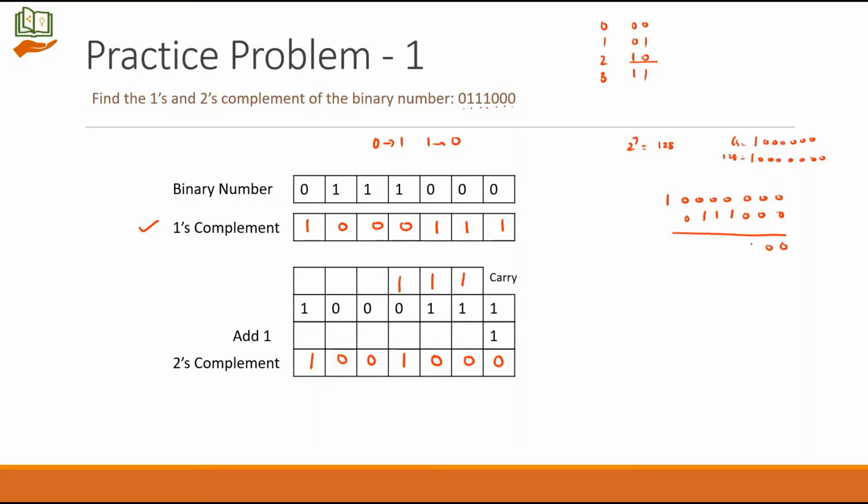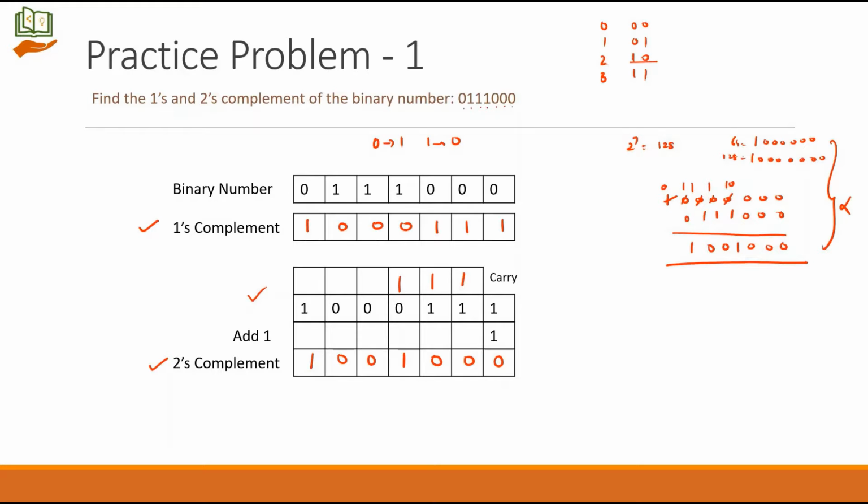We have a borrow here and so the remaining places will change to 1. 10 minus 1 is 1. 1 minus 1 is 0. 1 minus 1 is 0 and this is 1 minus 0 which is 1. Did you get the same answer? So instead of going through this procedure, we are simplifying it with this. So the 2's complement answer is 1001000.